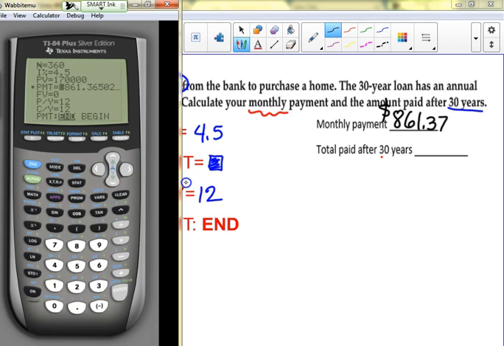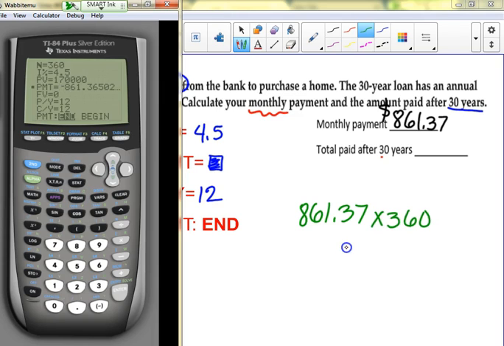Now you don't get that little payment book. They don't bother because most everybody pays everything electronically. But that last payment, they will still tell you to call for the exact amount you owe. All right. How are we going to figure out how much we actually paid on this loan? $861.37 times what? Yeah, 12 times 30, or 360.